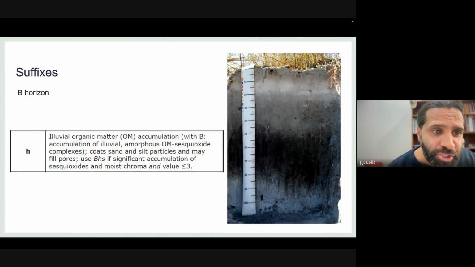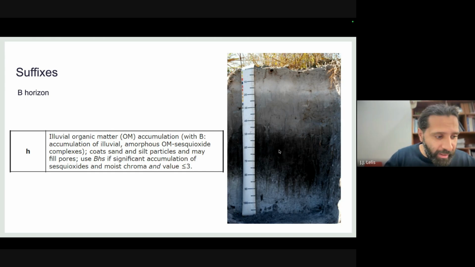The h suffix is a suffix strictly related to the B horizons, and this suffix expresses accumulation of organic matter. We already talked about this specific material, this dark horizon, especially this one. This and this one are horizons that should receive a Bh designation, but especially in this case, you can see a very easily dark color.